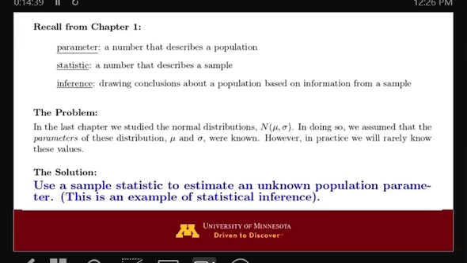Sampling distribution will enable us to use the statistic that we got from the sample to generalize to the entire population, so that the statistic will be used to represent the parameter.